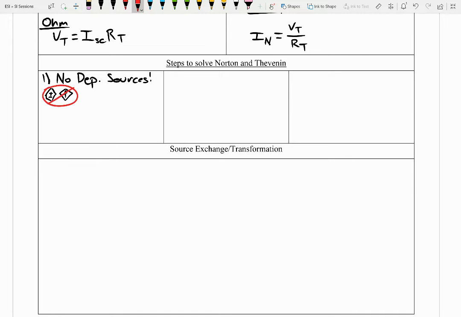If there are none of these, therefore we can zero out sources. And what does that mean? That means that we can take all the batteries in the circuit, we can turn them into regular wires, then we can take all the current sources and we'll go ahead and clip them out.